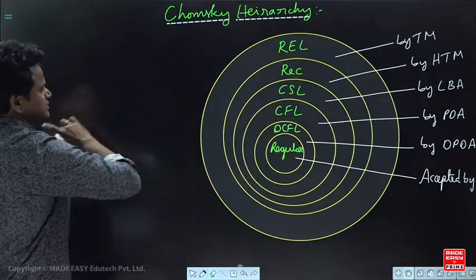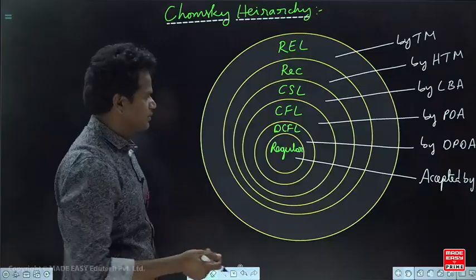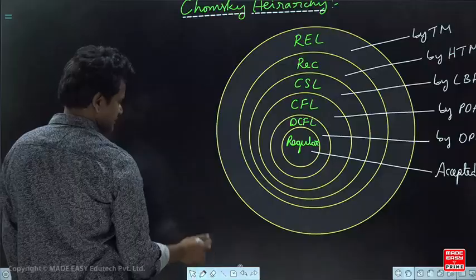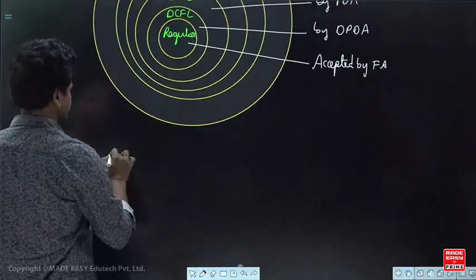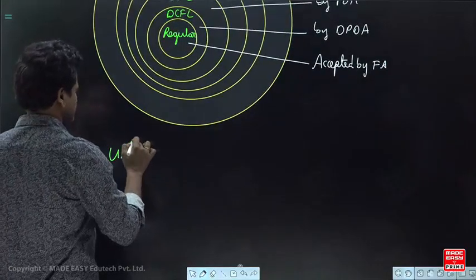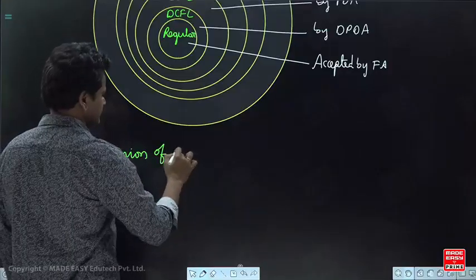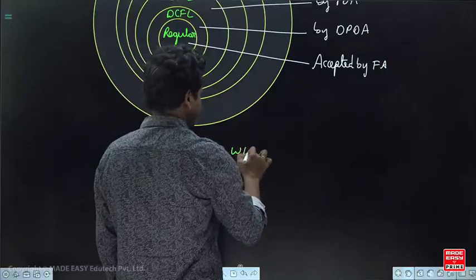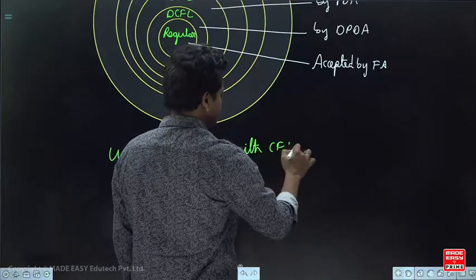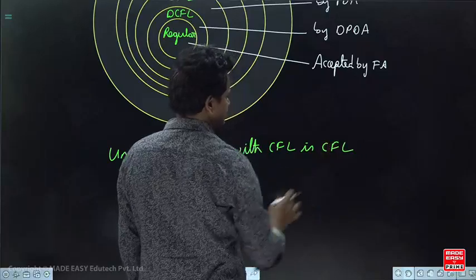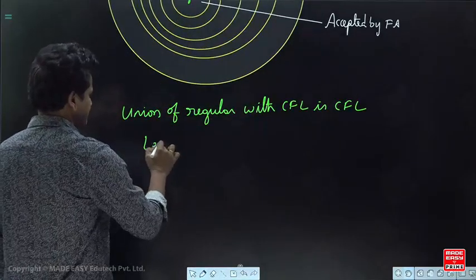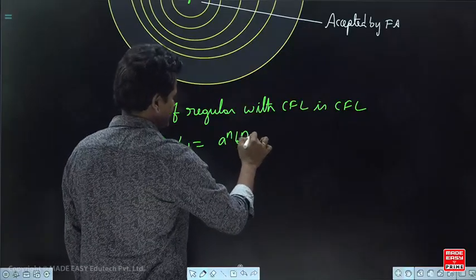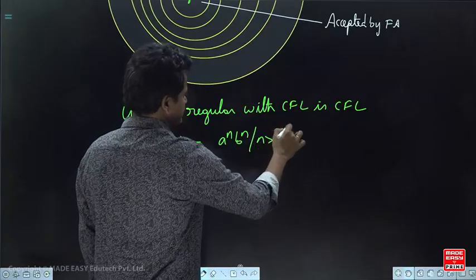Now listen guys, regarding the properties of CFL I told you. Generally, the union of regular with CFL is CFL. Just now I told you. Example: let L1 equal a power n b power n, n greater than 0.